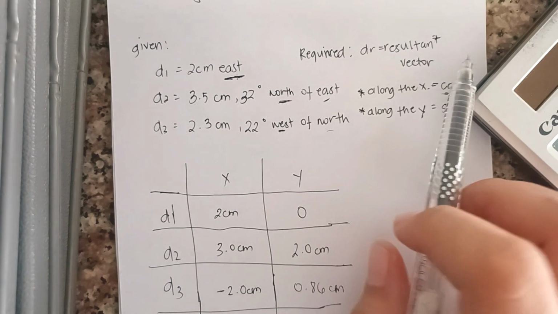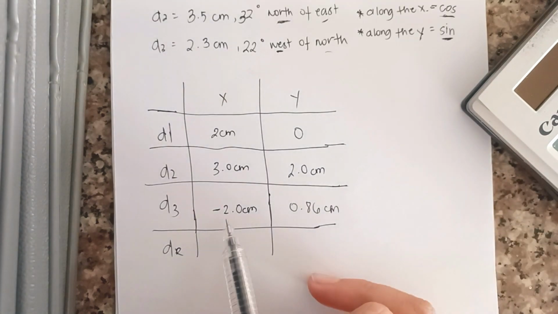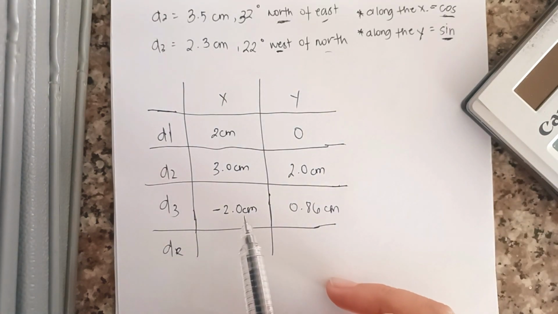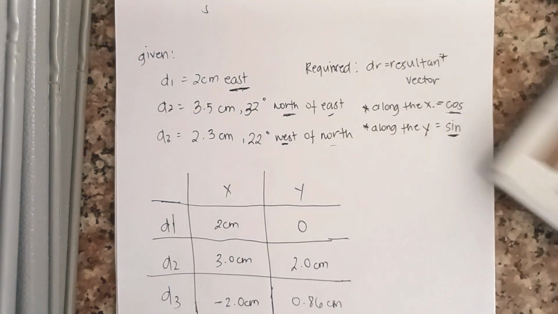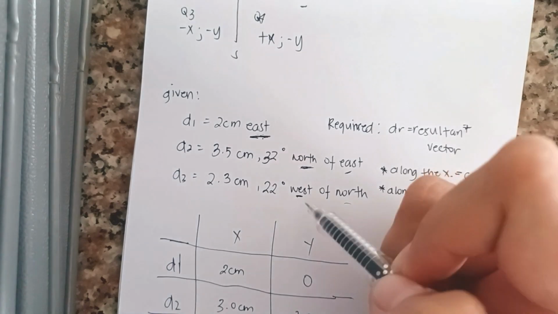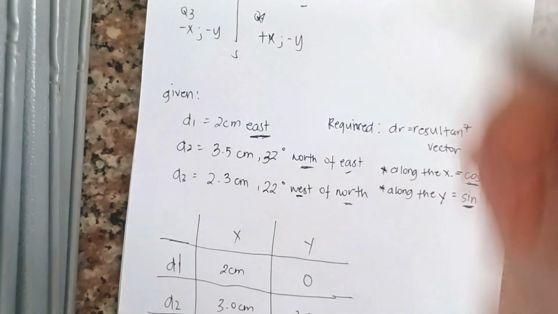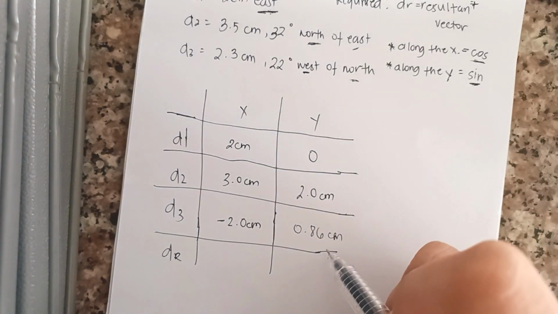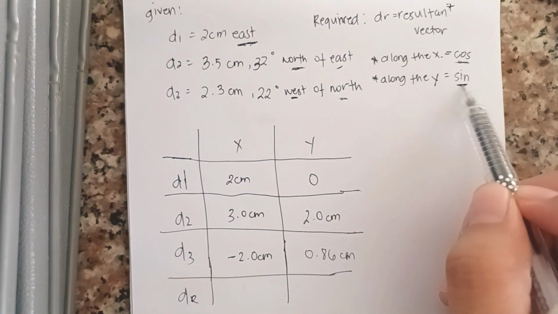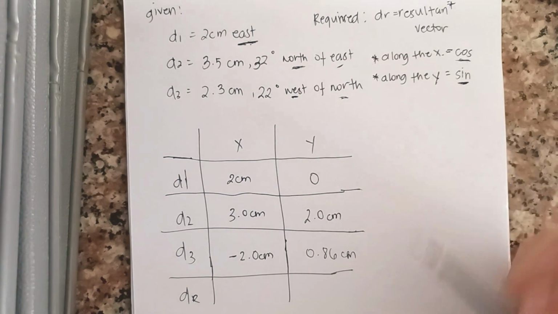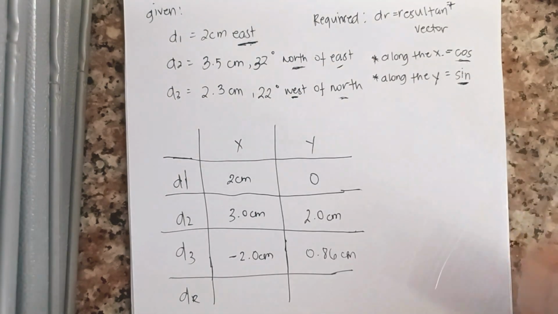So, 2.3 cosine 22 degrees. We got negative 2.0 or negative 2 centimeters. For the y, we have the north. North dito, positive yan. So, we have also here positive sign. So, 2.3 sine, kasi along the y, ang sinasolve natin, sine 22 degrees, we have 0.86.